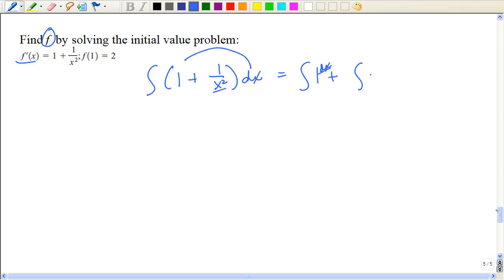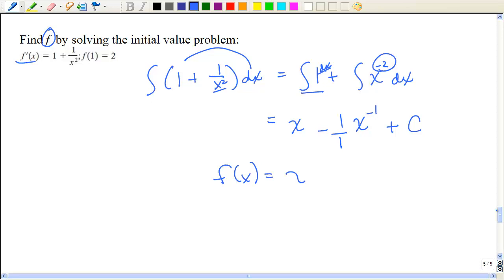And then I'm going to rewrite that as x to the negative 2 dx. So that's a constant here, so I just put the x. That's my power rule, so I add 1 to the power, and then that's the reciprocal of that power plus my constant. So my function is x minus 1 over x plus c.